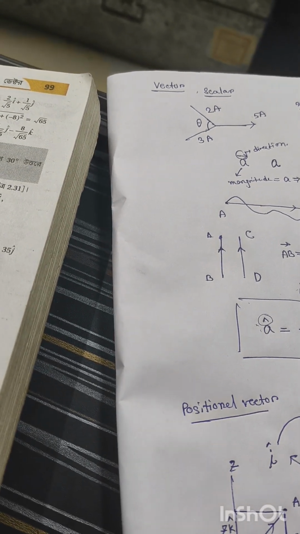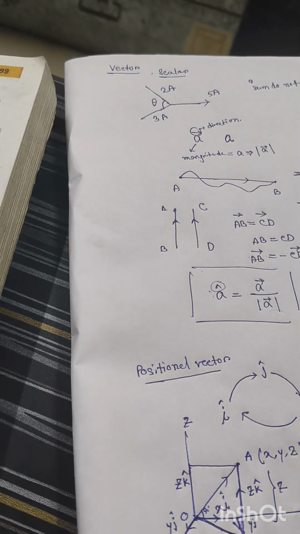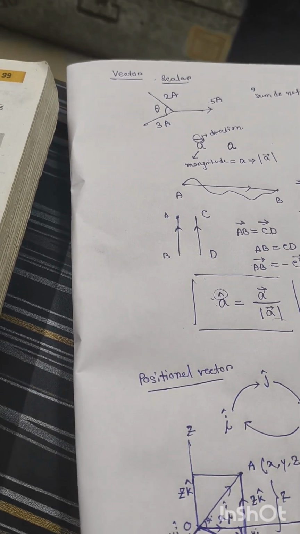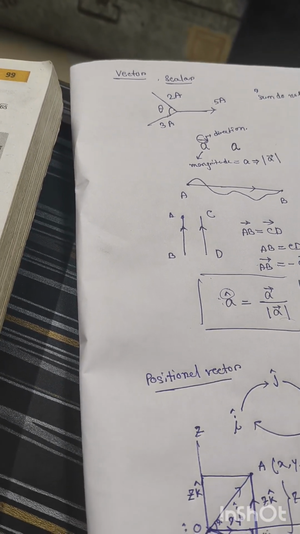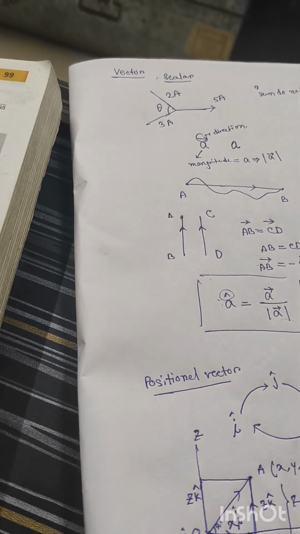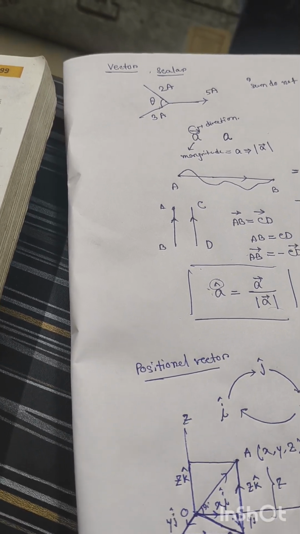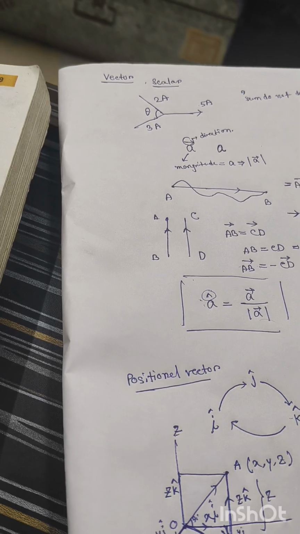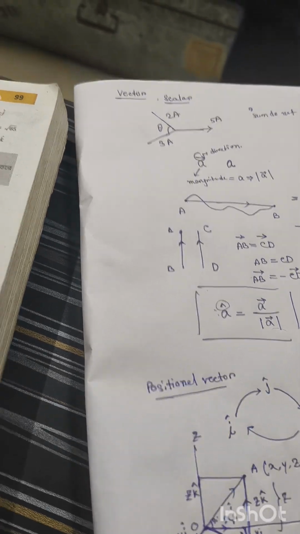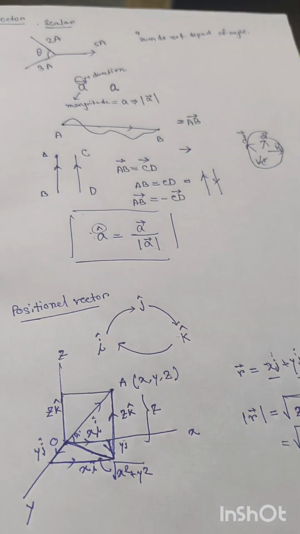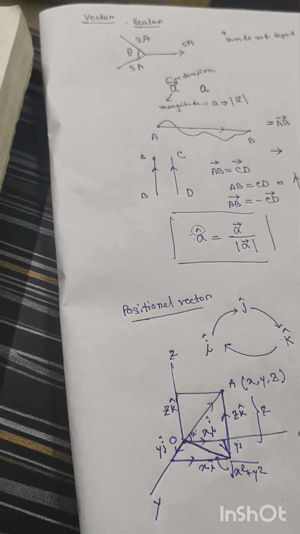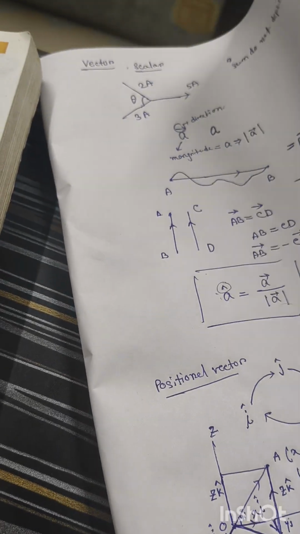Now this angle is 90 degrees, so the magnitude of r is the square root of z square plus x square plus y square, that is, x square plus y square plus z square under the root. And that is the positional vector.